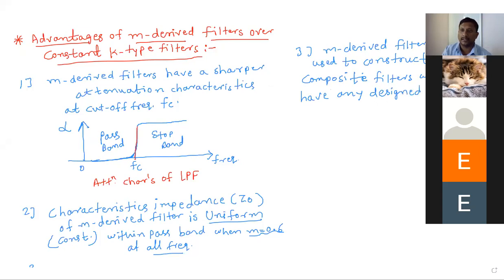Any desired, we should say, not design. Any desired means whatever the value we want, we can change it. So composite filter means we can design easily by using passive filters so that we can get any desired attenuation characteristics by using what? M-derived filters. So these are the advantages of the M-derived filters over the constant K type.